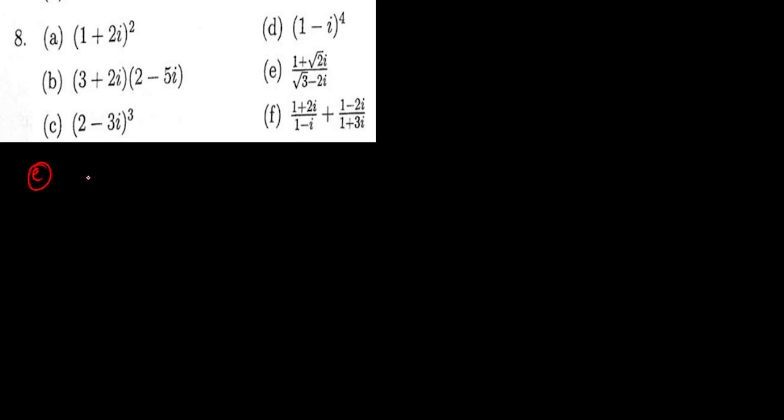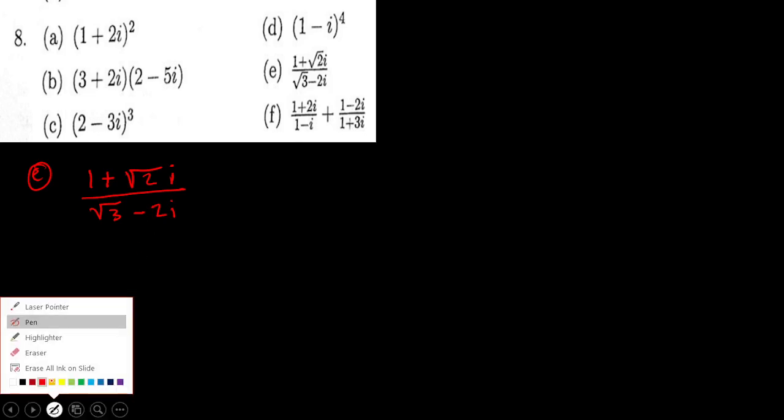So for E, we have 1 plus square root 2, and then the i is outside. Then open bracket, you have square root 3 minus 2i. Okay. So from here, you're just going to find the conjugate of the denominator.